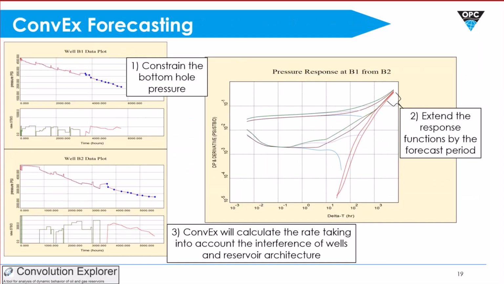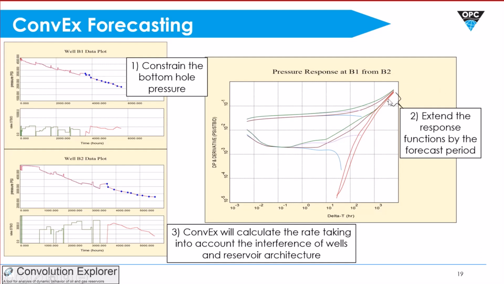Another advantage of the way ConvEx works is that we can actually forecast, and it's very simple. I go back to my synthetic data with the 2 wells, and we set the forecast period. In this case, I set the forecast period for about 2,000 hours. I constrain the bottom hole pressure with these control points. So I'm saying if I want the reservoir to decline like this, what would be my rate?